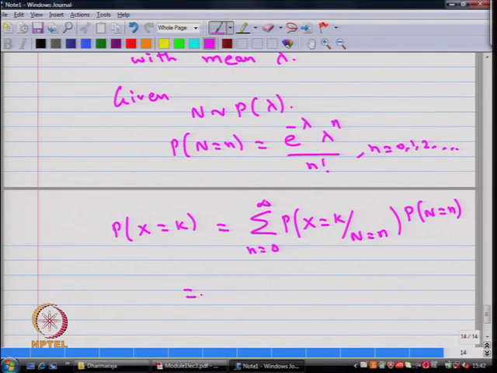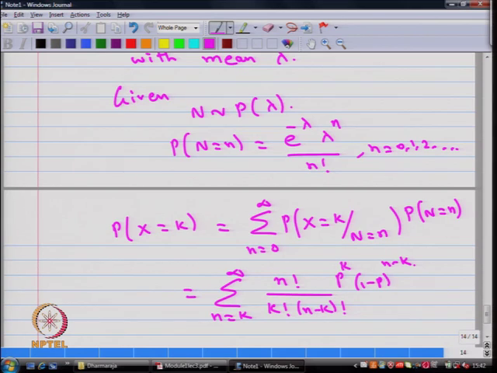That is same as the sum over n taking a value from k to infinity of n factorial divided by k factorial times (n minus k) factorial, and p power k, (1 minus p) power n minus k, multiplied by lambda power n e power minus lambda divided by n factorial.